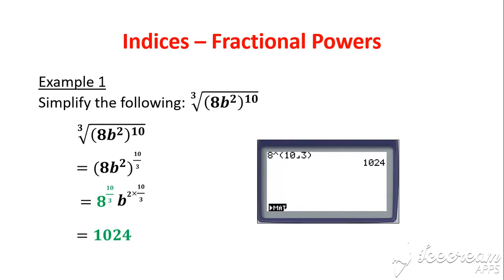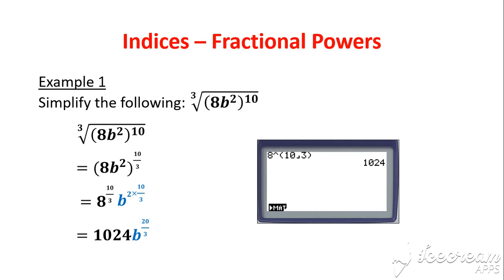So 8 to the power of 10/3. I'm going to grab my calculator. Please be careful. When we have a number raised to a fraction power, we need to use brackets. So 8 to the power of bracket 10 over 3 gives us 1024. Now when we do b squared to the power of 10/3, we just multiply the powers. 2 times 10/3 gives 20/3.